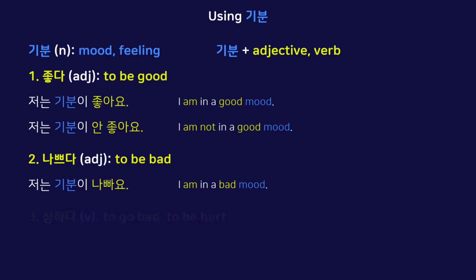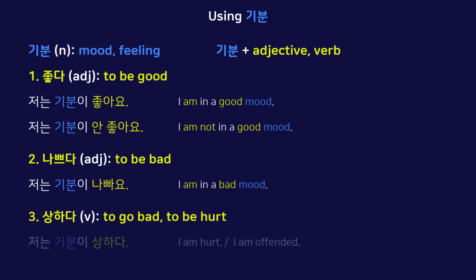Now, we also commonly use the verb 상하다 with 기분. So we can say 기분이 상하다. And this means to have been hurt or to be offended. So there is greater focus on someone's feelings and mood being negatively affected by someone or something when we use 상하다. So 기분 plus verb is another common way of talking about our feelings and moods.